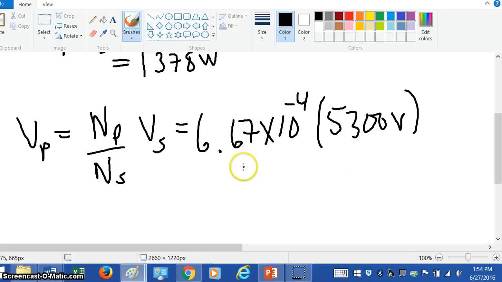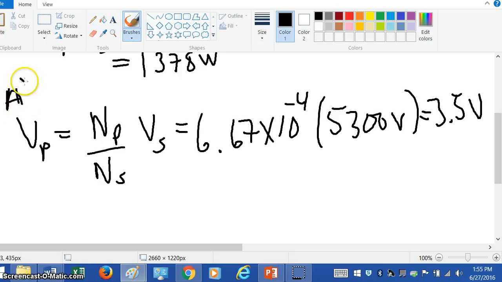So let's actually solve for it, and we'll see what it is. Okay, so 6.67 times 10 to the minus fourth times 5,300. I get 3.5 roughly. So 3.5 is our voltage in the primary. And this was part A, so we just answered part A.